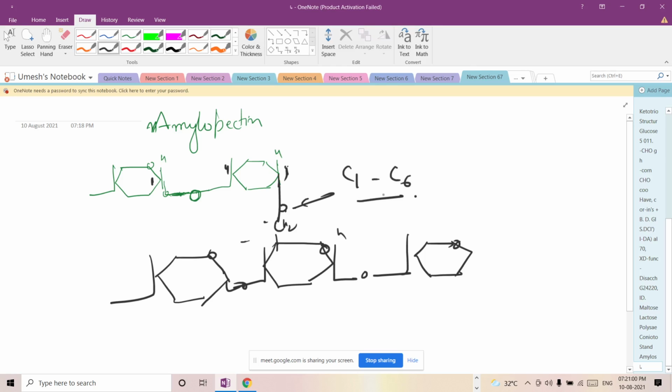This branch structure that we get over here is called the amylopectin. 85% amylopectin and 15% amylose collectively will give you starch.